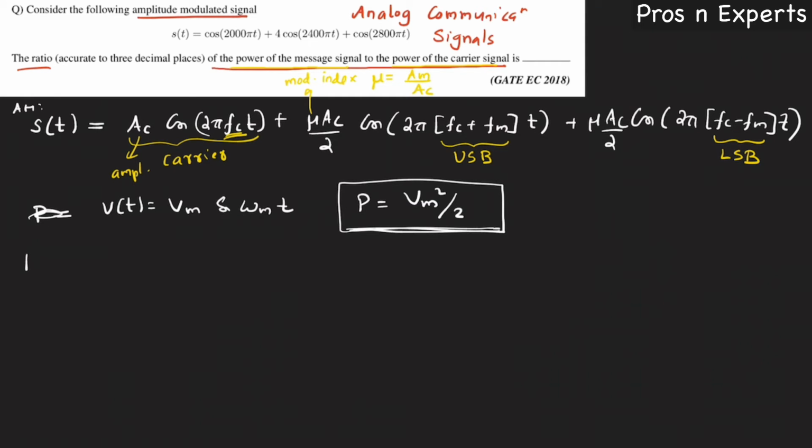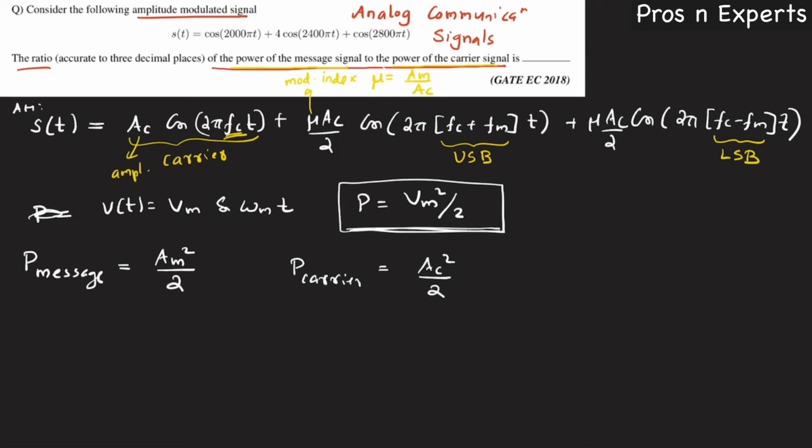It will be equal to Am square by 2, where Am is the amplitude of the message signal, but we don't know Am. Let it be there. Now, the power of the carrier signal is equal to AC square by 2, where AC is the amplitude of the carrier signal.